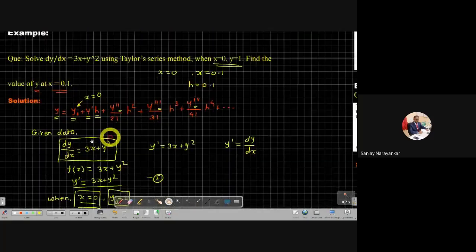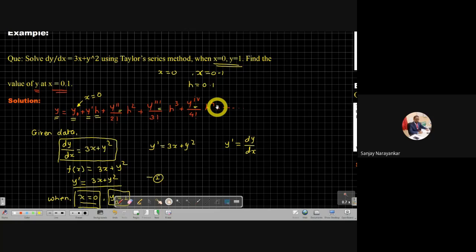Now see where we have started in Taylor series. This is the Taylor series. Can you remember this equation? It has higher order terms. But when you are applying for examinations, we are restricting ourselves up to fourth order, because fifth order, higher order terms become very difficult for us.